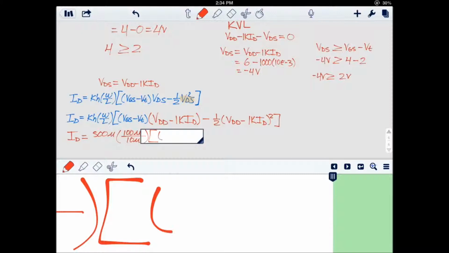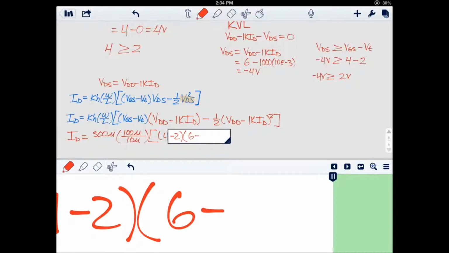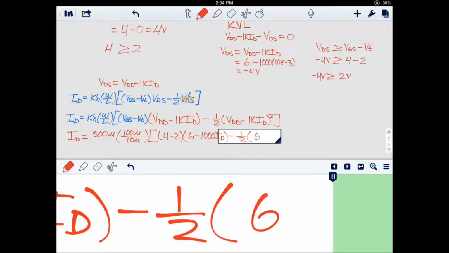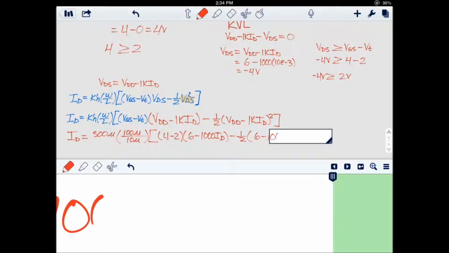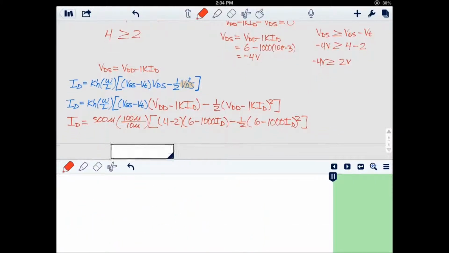We have here 4 minus 2 times VDD, that's 6, minus 1,000 ID, minus 1/2, 6 minus 1,000 ID squared.